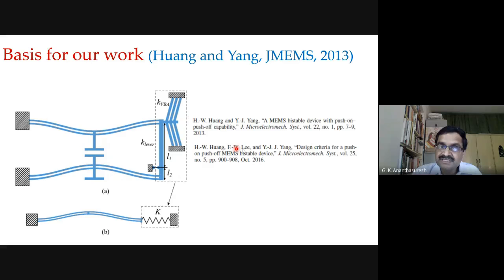That is, when we took this design from this paper and then tried to simulate it, it was just not switching. So we thought we should work on it, and the problem was this particular lever that they have, this was not strong enough or was not doing the intended job to make it robust to manufacturing tolerances here. We started with that.